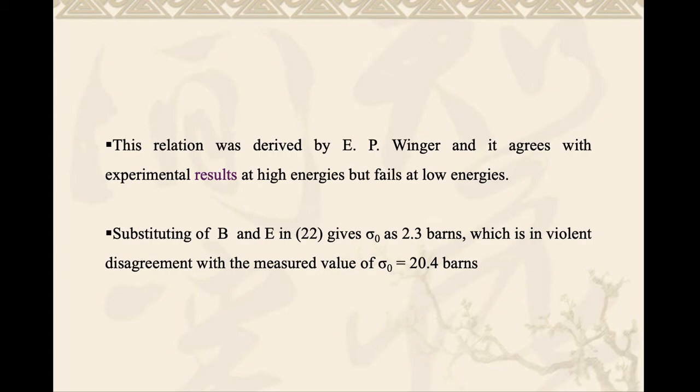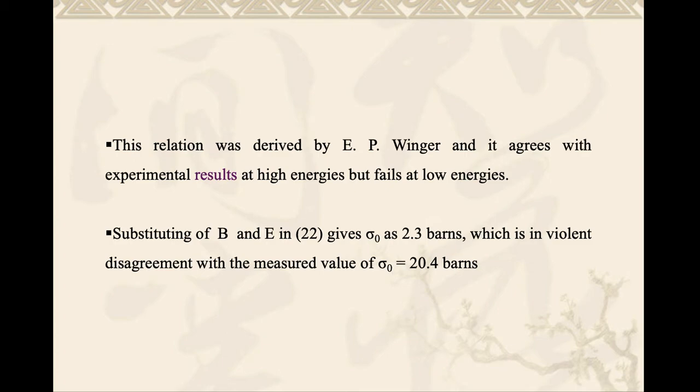At somewhat high energy, you can see that as energy increases, scattering cross section decreases. That is possible. And substituting B and E in equation 22 gives sigma 0, because we have the value of E as some 10 kilo electron volts and B, as you know, is 2.225 MeV.